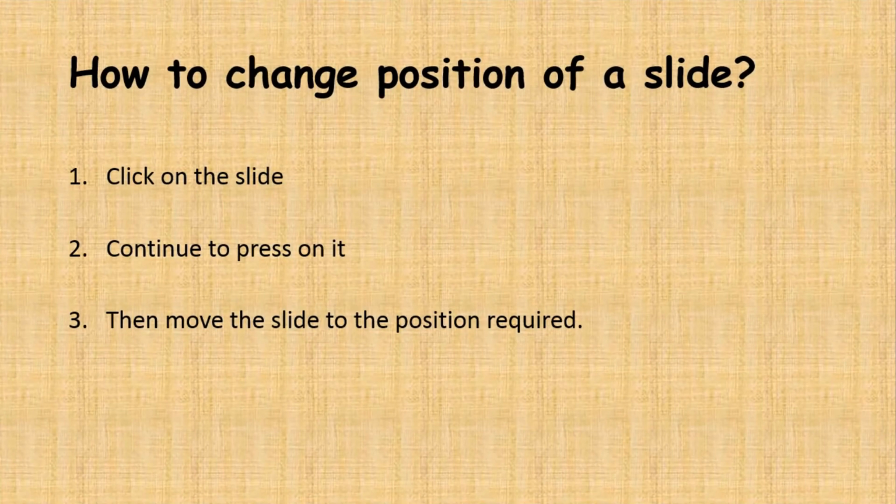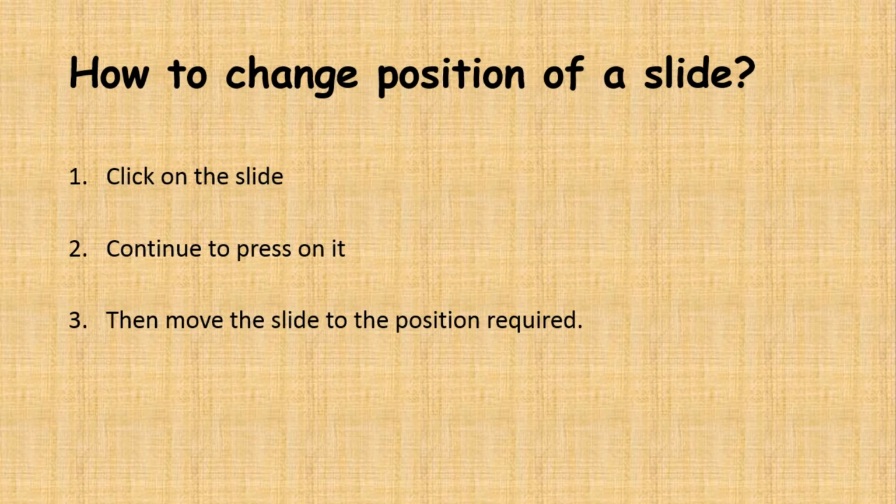Now, how to change the position of a slide. You want to move the last slide to the position of the first slide. Therefore, you click on the last slide. You continue to press the left button of your mouse on the slide you are moving.